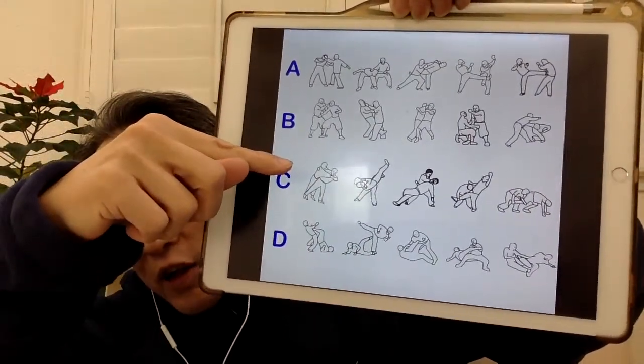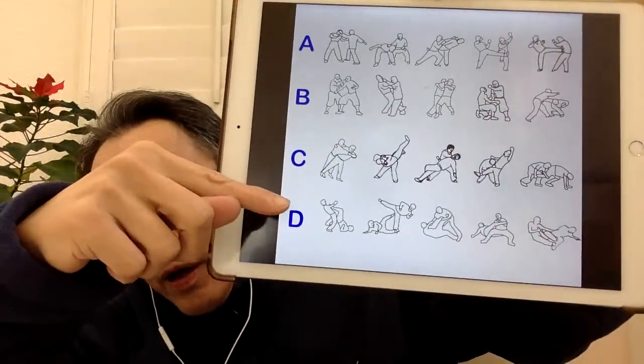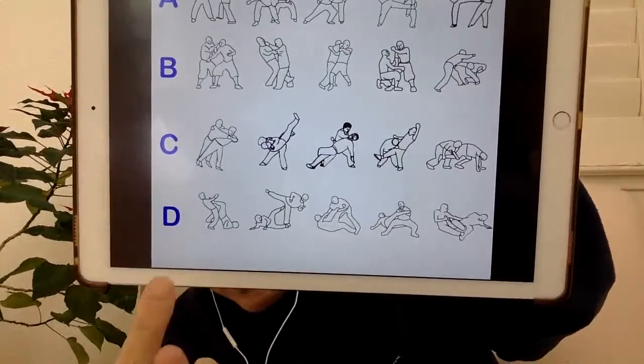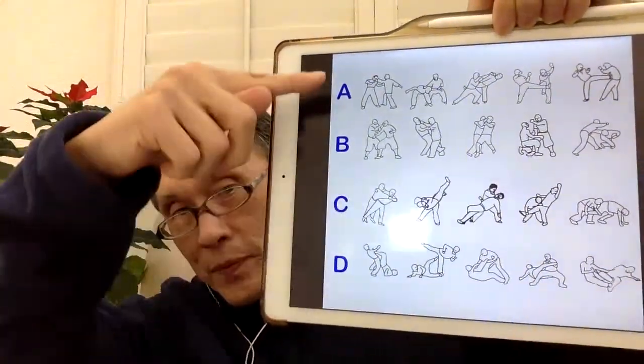This is for takedown and throw, and this is for groundwork. Of course, the groundwork is not like today's BJJ and so forth, but they have their style of groundwork, ground fighting. So they can go up and down, close and far away, angle. So they play with distance, angle, and level.